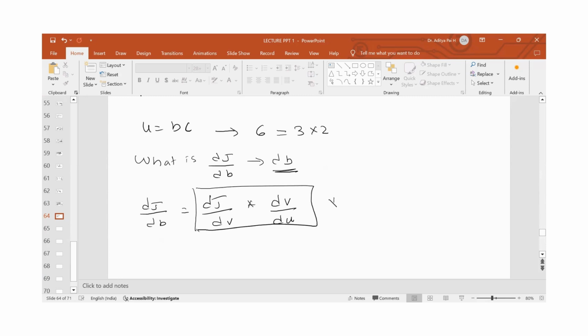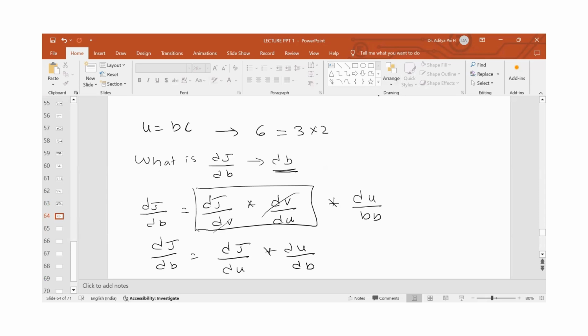So dj by db is equal to dj by du into du by db. If I remove these two, then it will be dj by db. So that is the chain rule, which you are expanding.